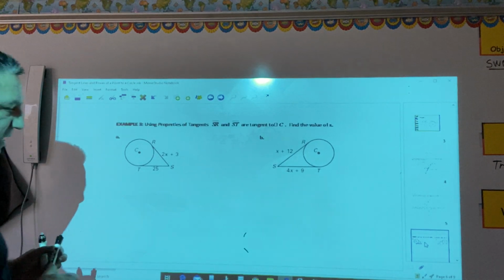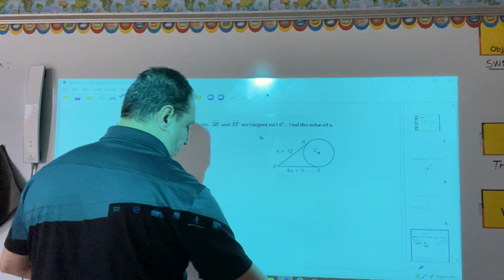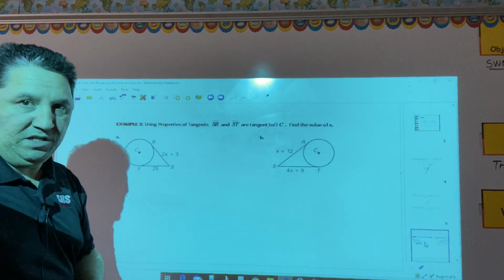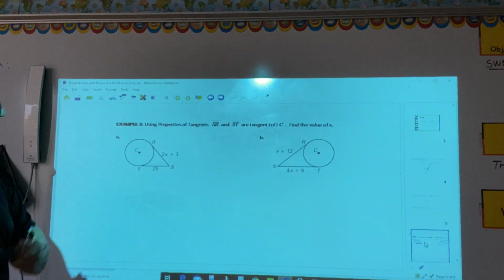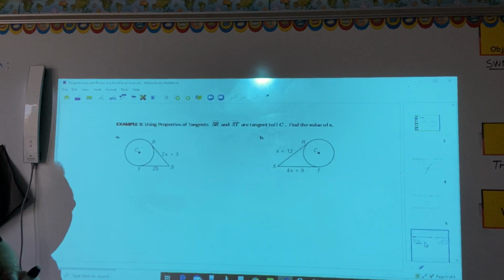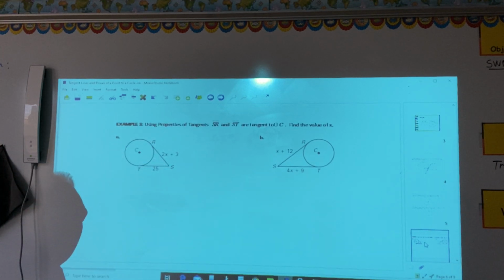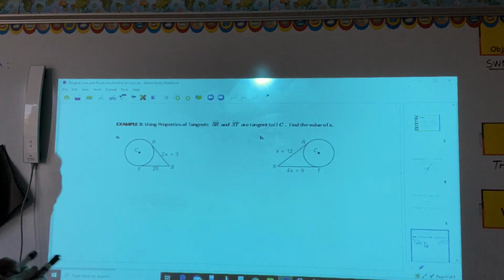Let's have a few examples using properties of tangent to solve problems. In this example, using properties of tangent, SR and ST, find the value of x.